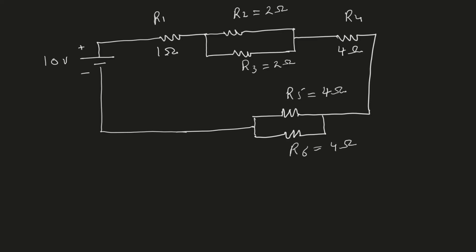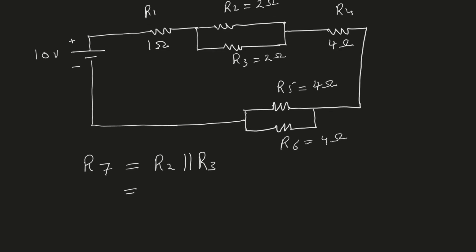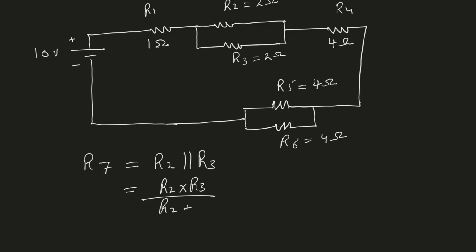So I can say that the parallel combination of R2 and R3, I will give it a new name, and that will be R7. So R7 is the parallel combination of R2 and R3. And we can see that this is the parallel of two resistors. Both of them are equal to 2 ohm. And this will be R2 times R3 divided by R2 plus R3.